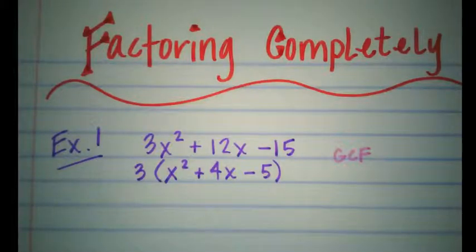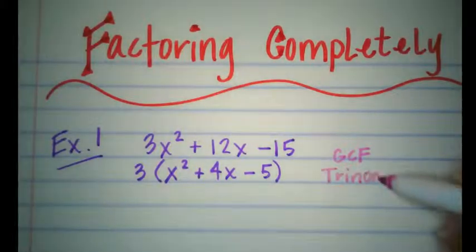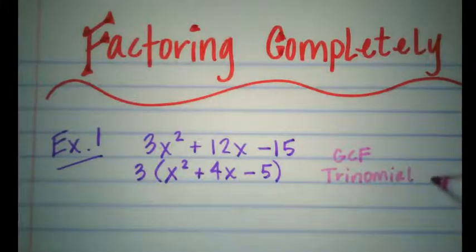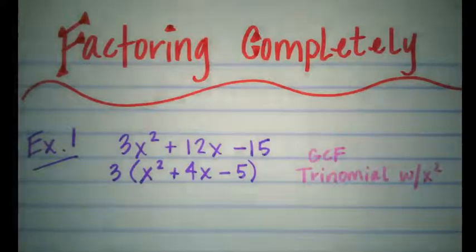All right. Now I'm going to look at what I have left. And this right here is a trinomial. There are 3 terms, but there is not a leading coefficient, it is just an x squared term.